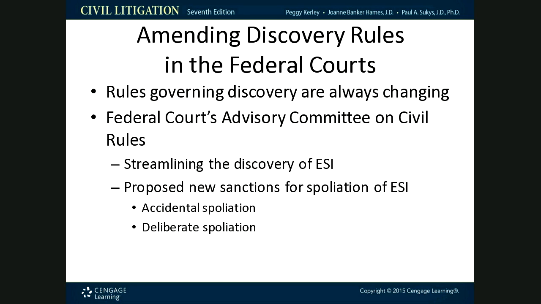And in those arguments, you can argue whether it was accidental or deliberate, but that it was still spoliation.